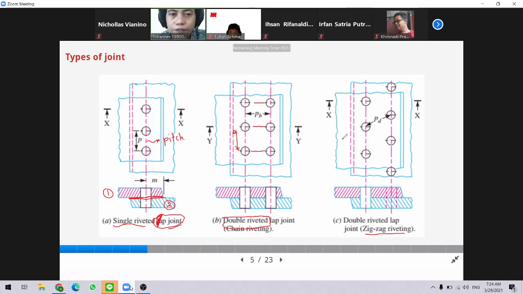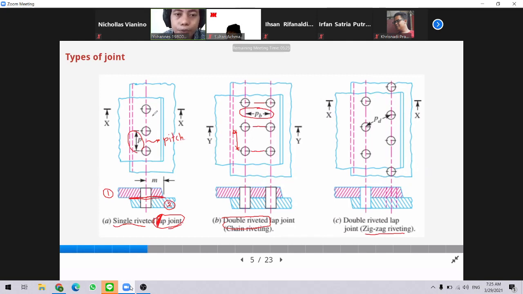What is the effect of this pitch? In the standard, it is defined that the pitch between the rivets must not be less than the allowable distance, a certain distance described in the standard.